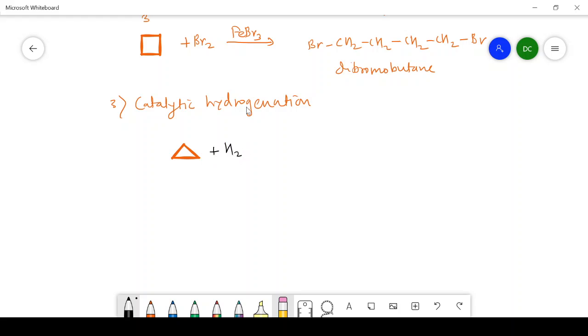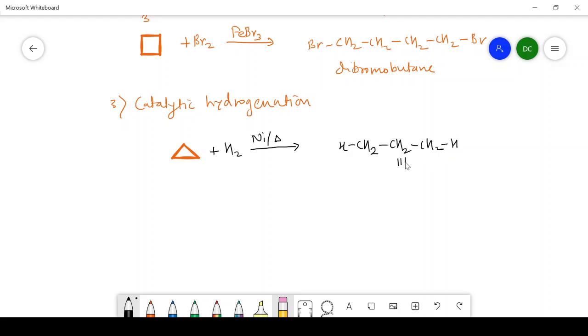Here hydrogenation is there, therefore addition of hydrogen, and in presence of catalyst you can use nickel and heating condition. In this reaction what happens, ring breaking occurs, a straight chain compound is obtained. So I will write CH2 and at the terminal I have to write one hydrogen and one hydrogen.